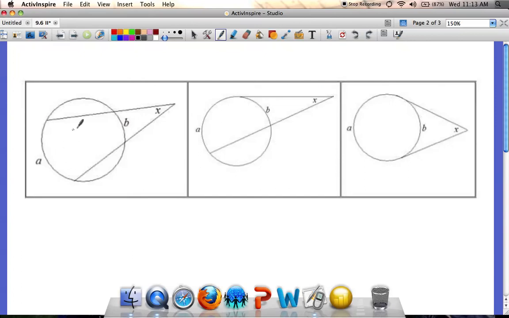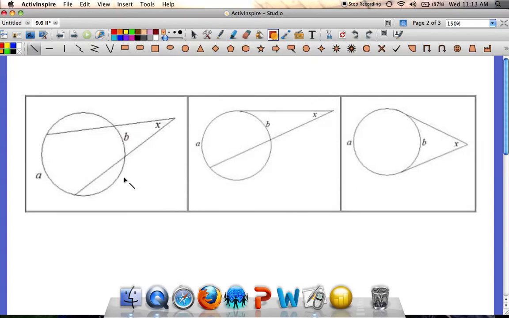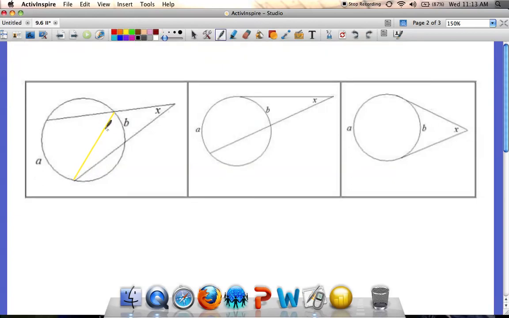If this is A and this is B, we can generalize the relationship for angle X on the outside by drawing in this chord, and we know this inscribed angle has a measure of half of A. Likewise, this angle here has a measure of half of B. And we know that an exterior angle is the sum of the remote interiors.